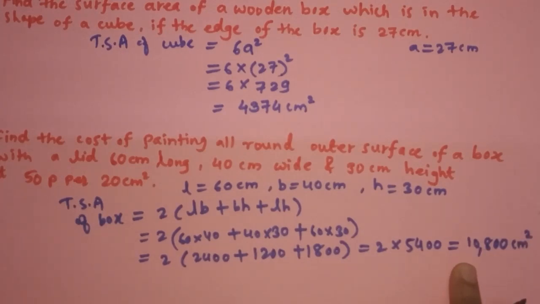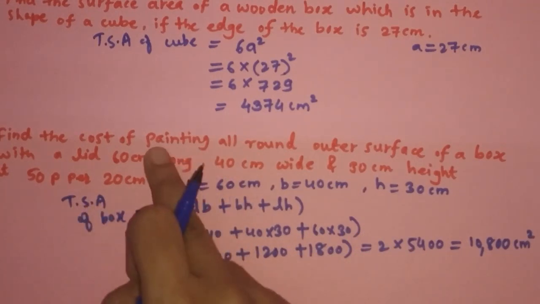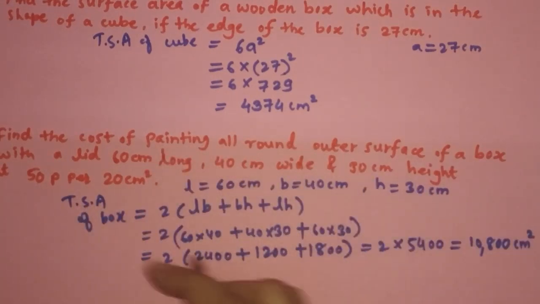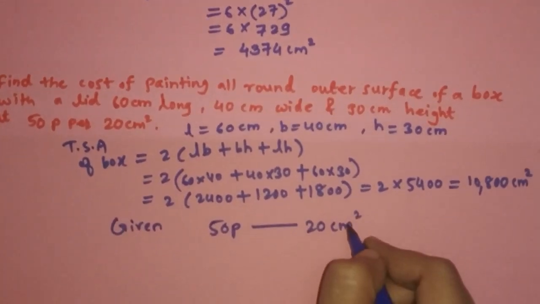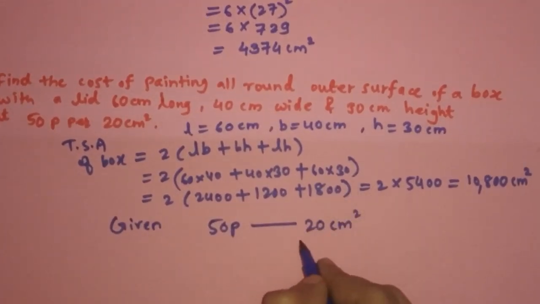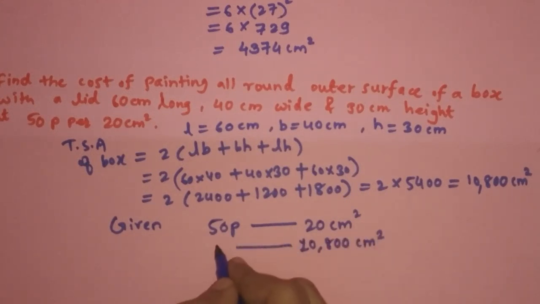Now we have to find out the cost, as we need to paint all around the surface of the box. Given that 50 paisa is required for 20 centimeter square of painting, and we have 10,800 centimeter square surface area of our box.